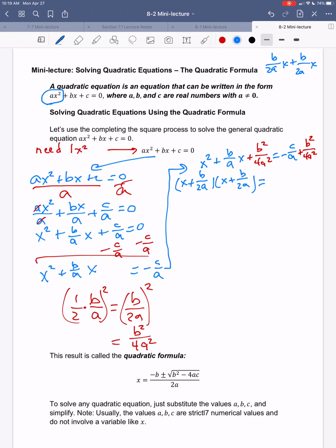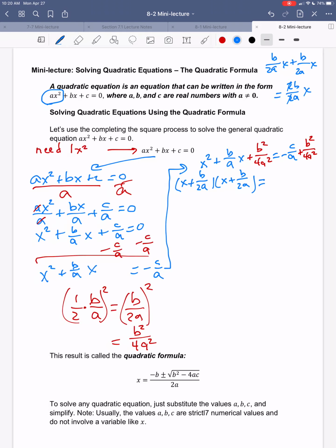Well, I would just add the coefficients together. b plus b is 2b. The 2a would stay the same. The 2's would cancel. I get b over a x, and that's exactly what I've got here. So this really does work to get me what I need.